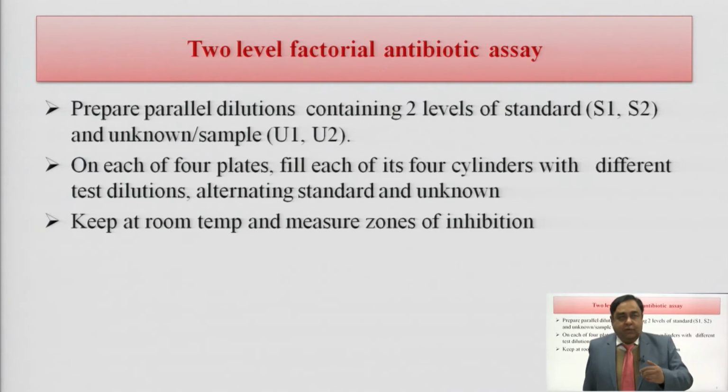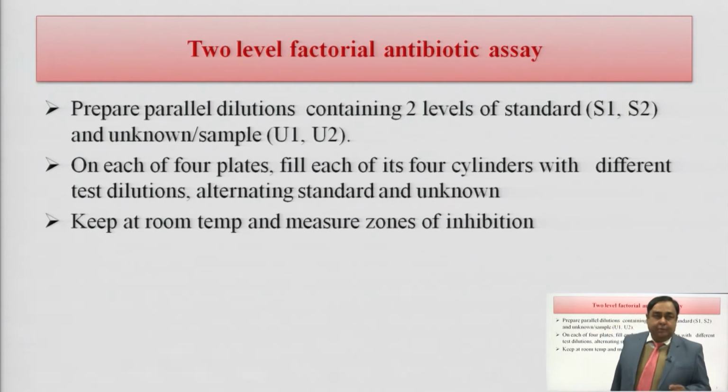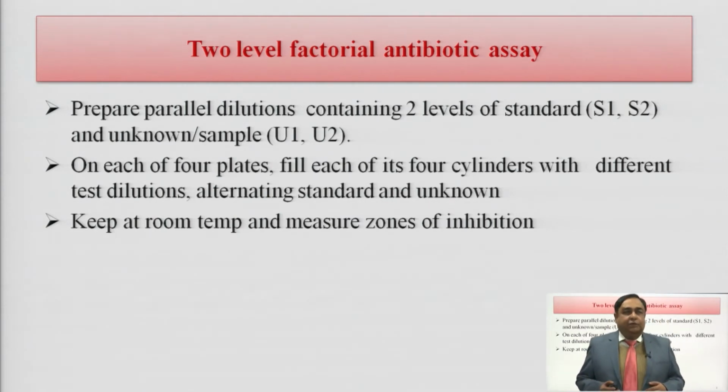In fact, that is the reason why we are calling this method the two level factorial assay of an antibiotic. And in each of these four plates, fill each of its four cylinders with different test dilutions, that is, we are filling up alternately with S1 and S2, U1 and U2.